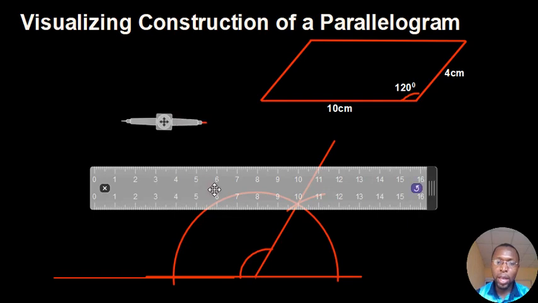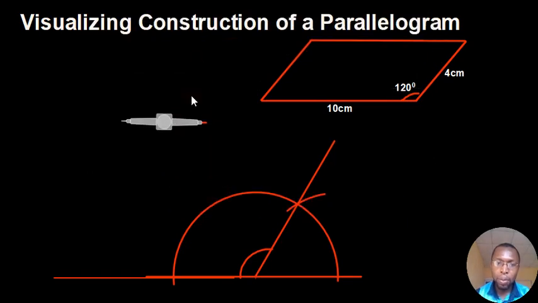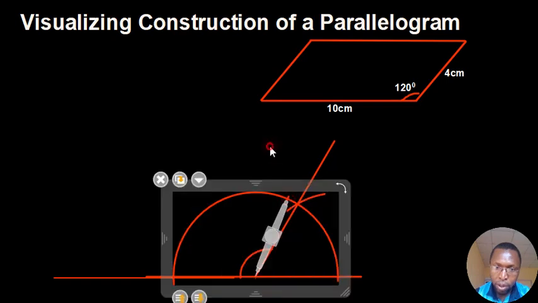So now I take my ruler off, bring down my compass here. Then rotate my compass to that line and make an arc. That arc represents 4 centimeters. Excuse me.